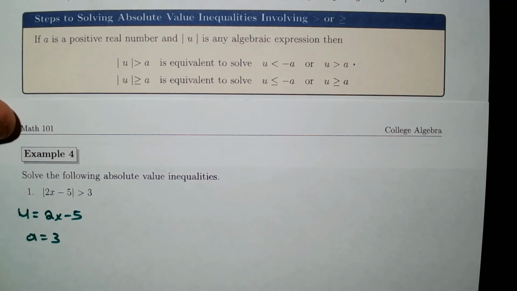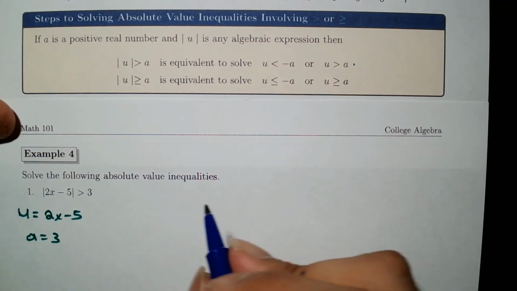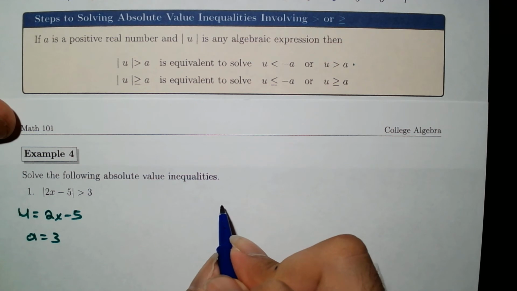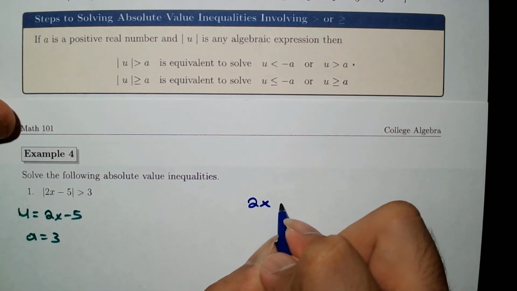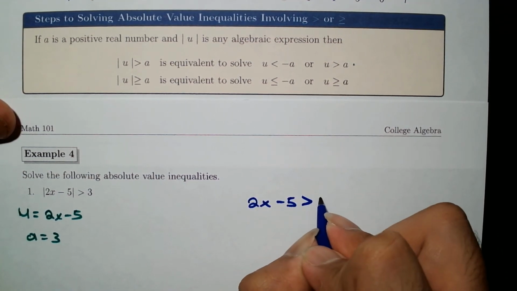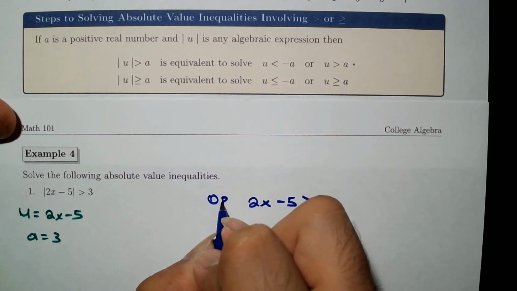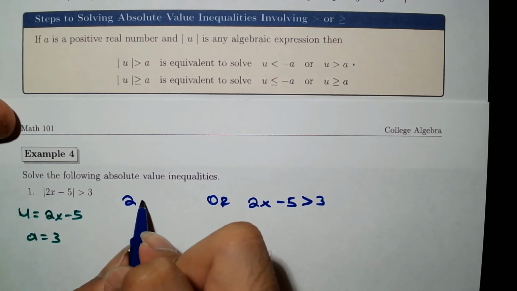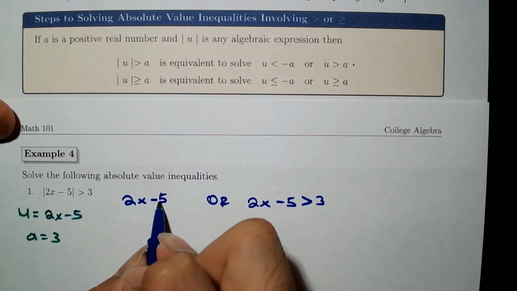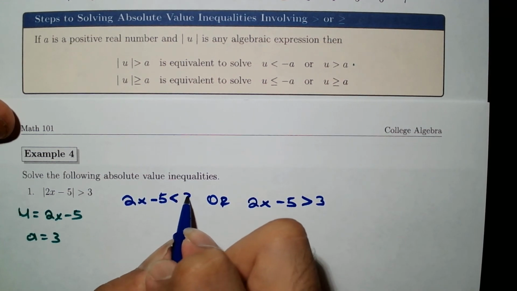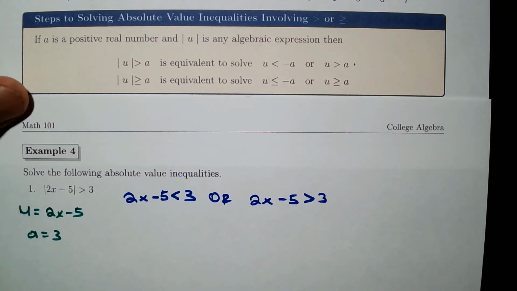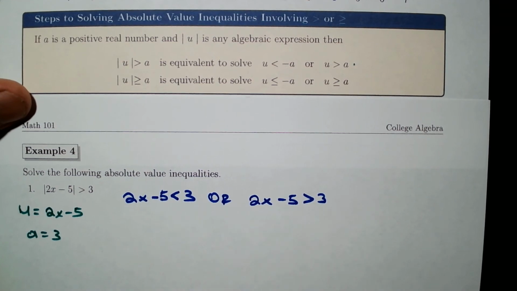We are going to write 2x minus 5 greater than 3, or 2x minus 5 less than negative 3. So we are going to solve two different inequalities.